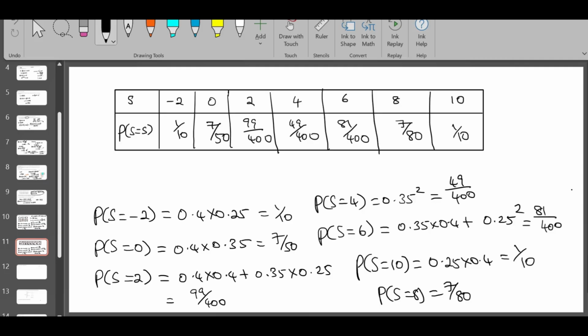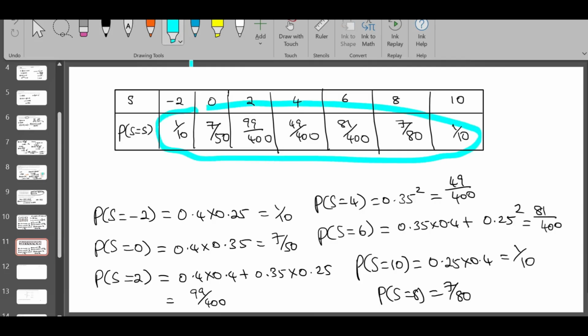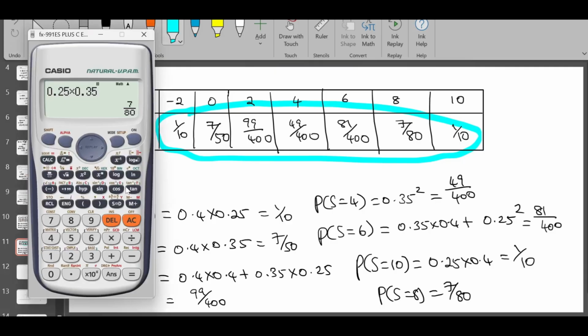But you need to do one more thing. As I always say, you need to make sure the sum of the probabilities is equal to 1. Always do that verification.